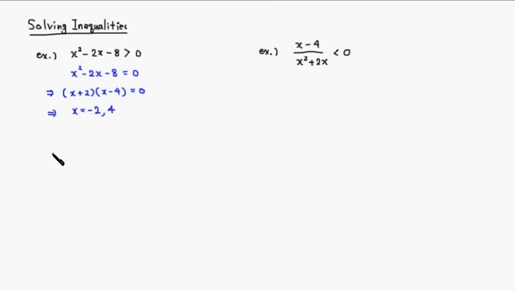So let's do that. I'm going to draw a number line. Then I'm going to put 2 tick marks, one labeled negative 2 and the other positive 4. We know that this function is exactly equal to 0 if x equals negative 2 or x equals positive 4.